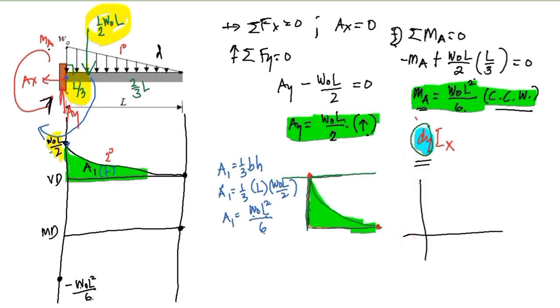Yung scenario po natin, nandito siya si negative WOL square over 6. Ito yung point natin tinutukoy ko. And this point B here ay nandito siya. So, always yung point na nasa left, yung i-consider natin na origin. So, ito yung x-axis ngayon, ito naman yung ating y-axis. Ngayon, since decreasing siya, so dy ang gagamitin natin, mag-bend tayo ng y-axis.